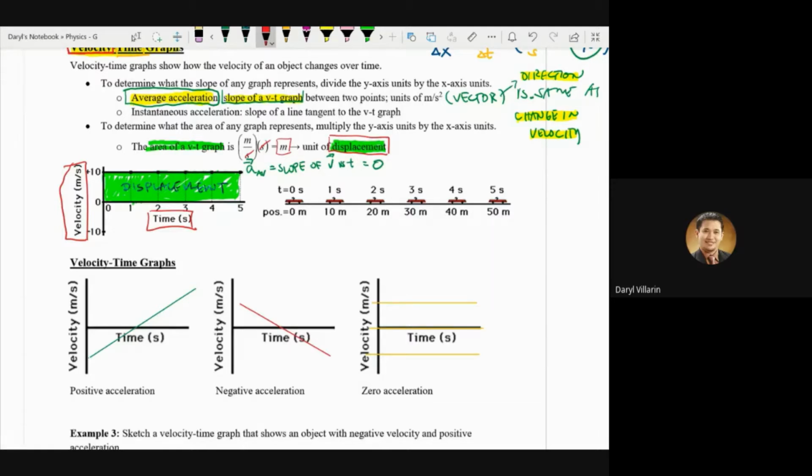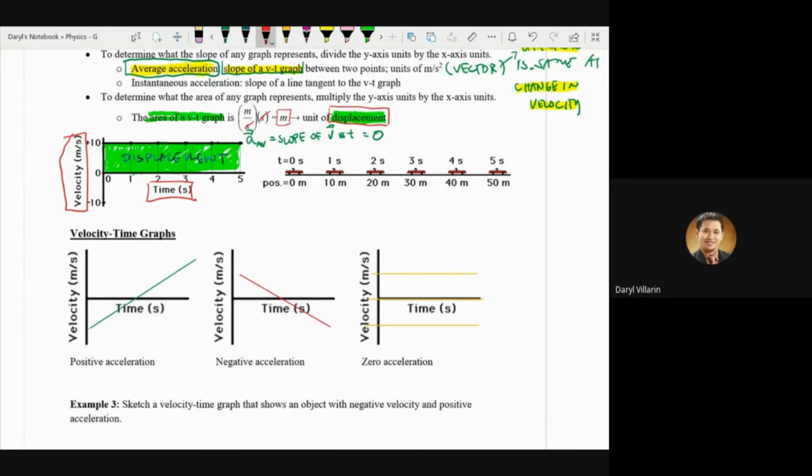So again, we went over this particular example here. It's just a straight line graph of the velocity time. And if you can see, in this particular case, the velocity is constant. So the slope is equal to 0 because you don't have any change in y, or in this case, again, the velocity.